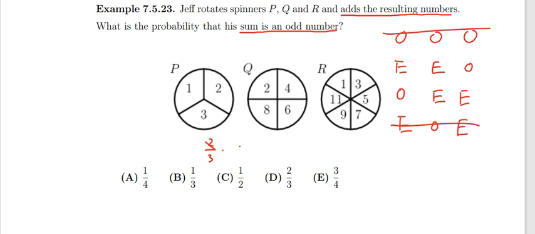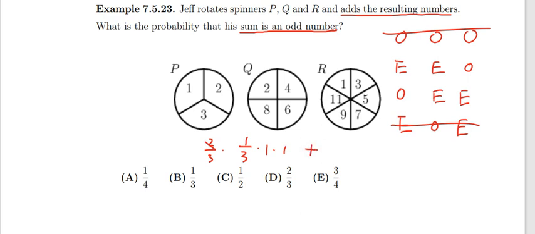First one is even, so even is only two, right? So this is 1/3. Second one is even, always true, always even. Third one is odd, 1, 3, 5, 7. Oh, all are odd. Okay, so this is 1/3.